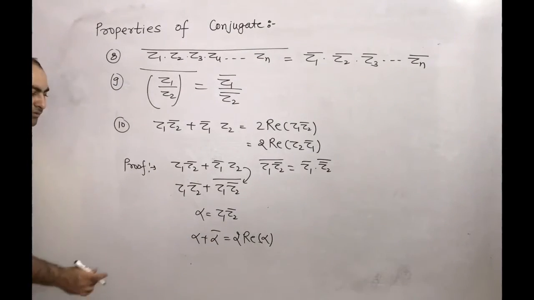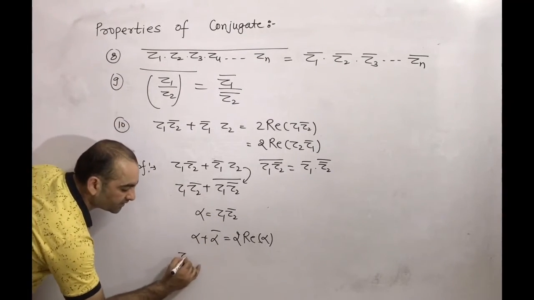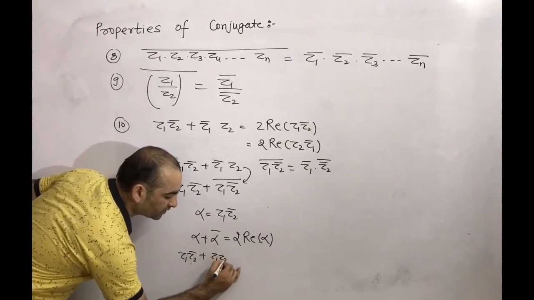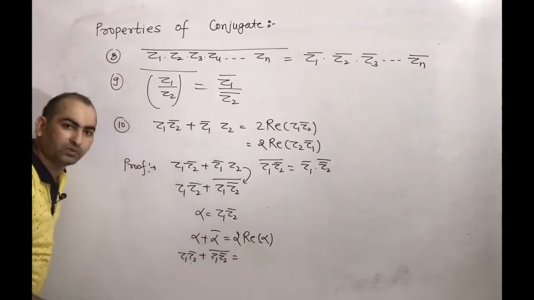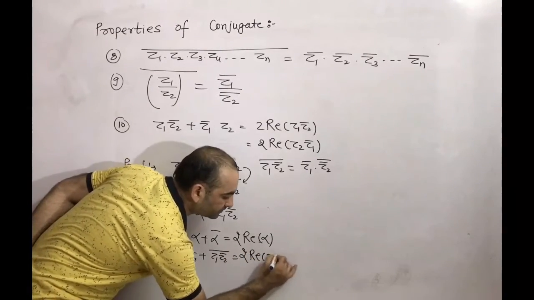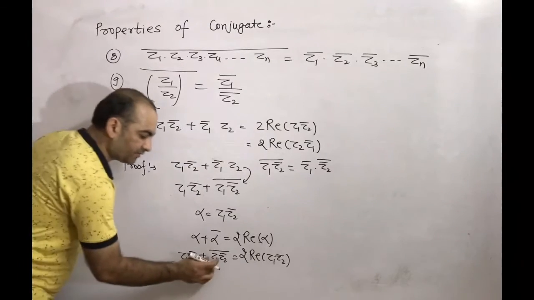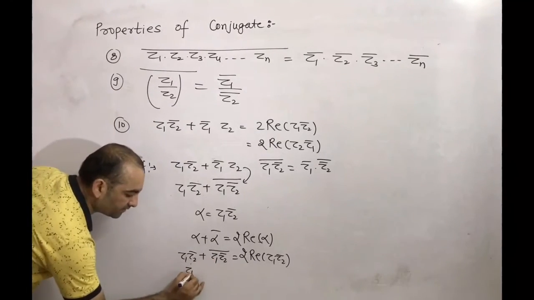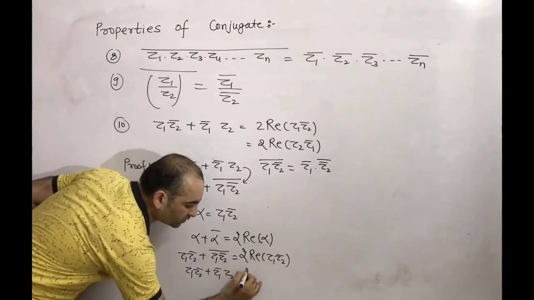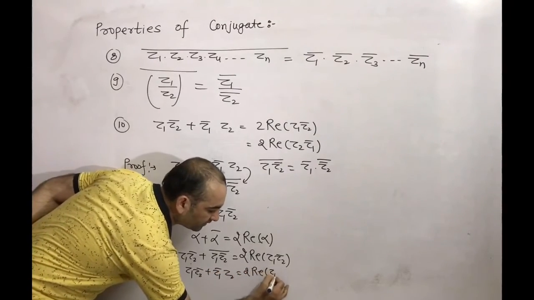So if you put the alpha value here, what will come? z1 z2 bar plus z1 z2 bar whole bar equal to 2 times real part of z1 z2 bar. Okay, and this one we can write what? z1 bar z2, z1 z2 bar plus z1 bar z2 equal to 2 times real part of z1 z2 bar.